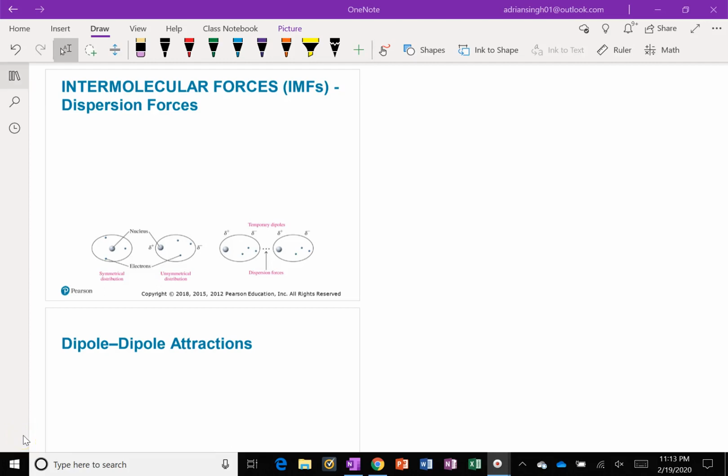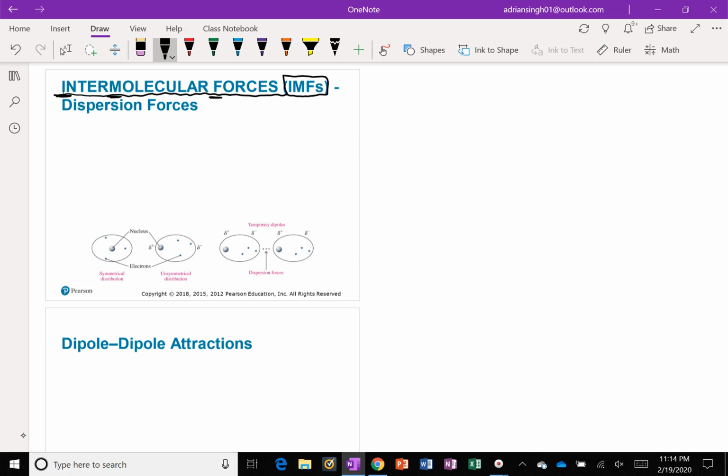Okay, so the last section here of chapter 6 is going to be where we take all of the information that we learned in the chapter and apply it to explaining the behavior of molecules. Specifically, we're going to be looking at what are known as intermolecular forces, which we often abbreviate as IMFs.